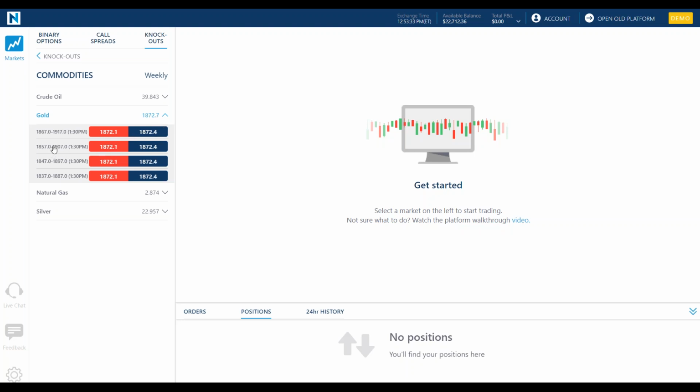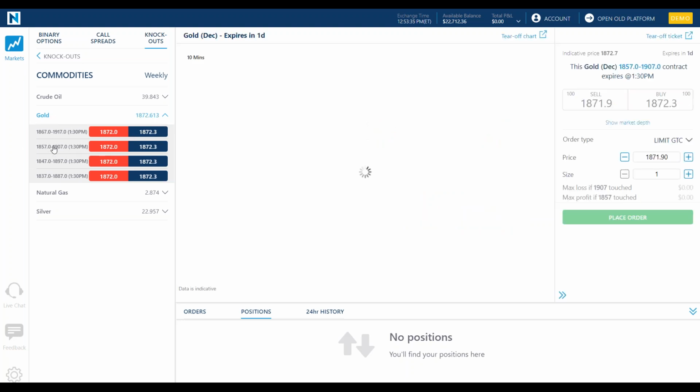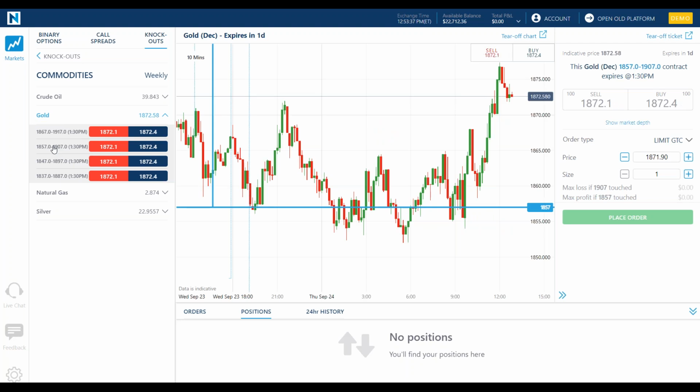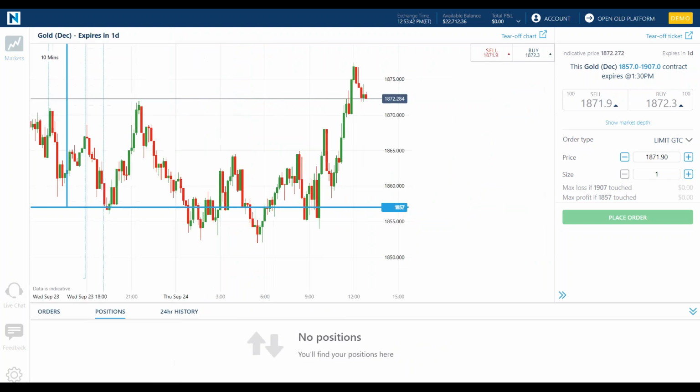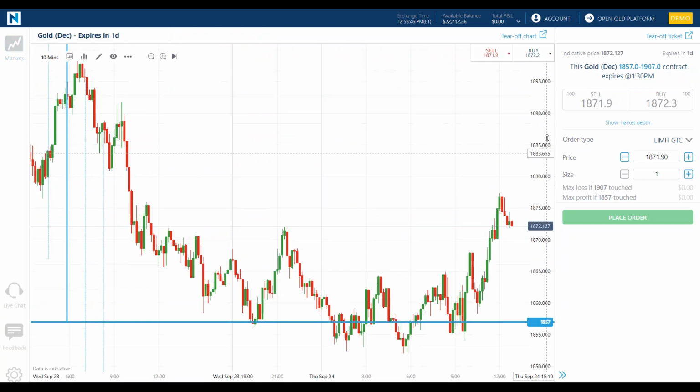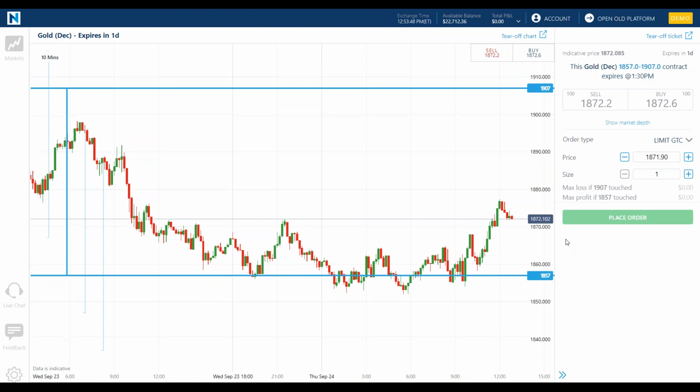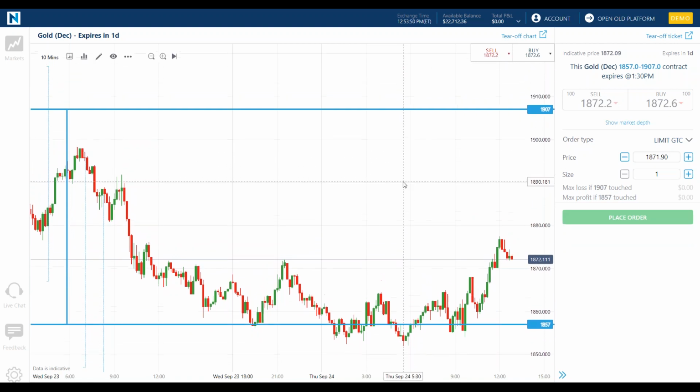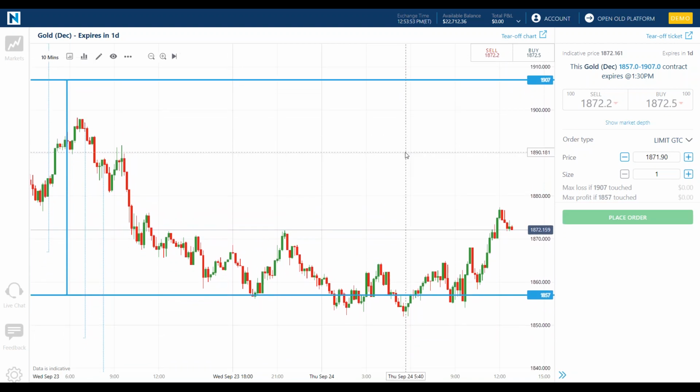When I come to gold on the knockouts, I'm just going to click on any one of the levels, and I'll explain why it doesn't matter in a second. I'm now going to hide that, and I'm also going to hide the positions pane because I want to see more of our charts. Hopefully that all shows up really well for you.